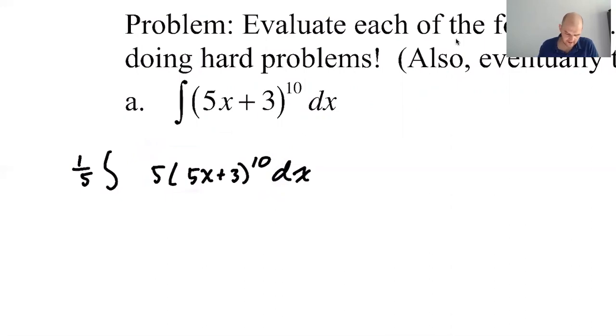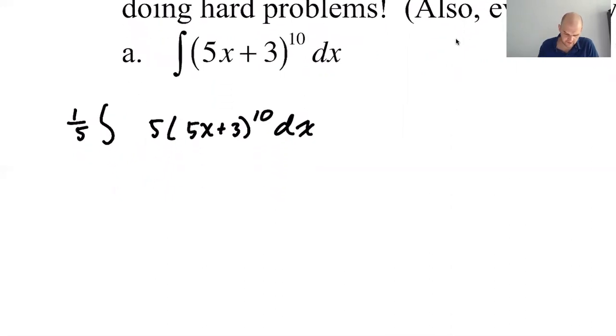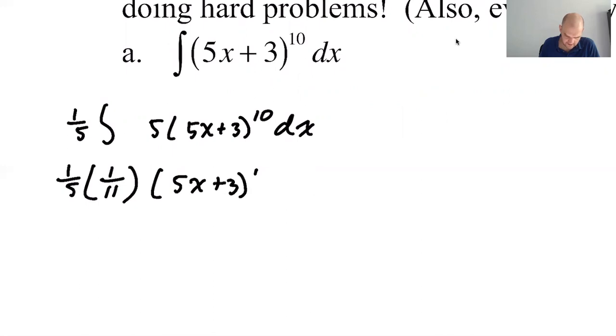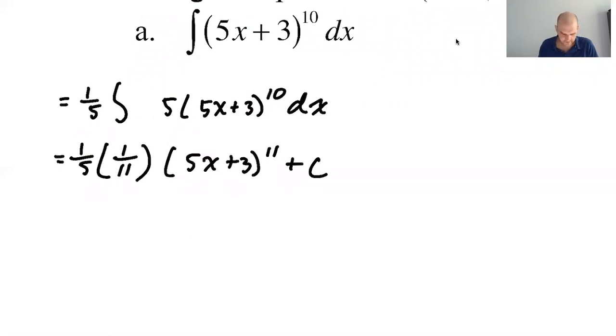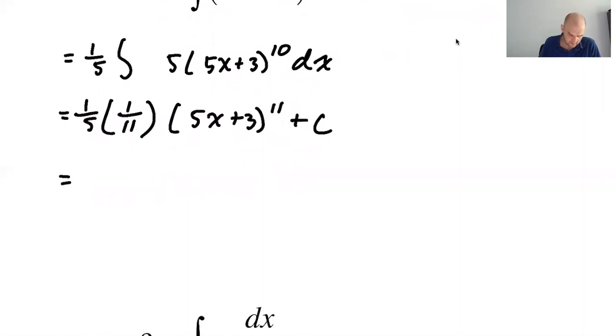Reverse the power rule would give me 1/5 times 1/11, and then 5x plus 3 to the 11th plus c. So this would give me 1 over 55 times 5x plus 3 to the 11th plus c.